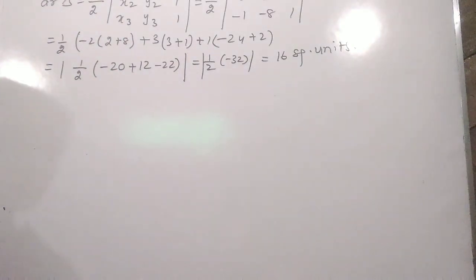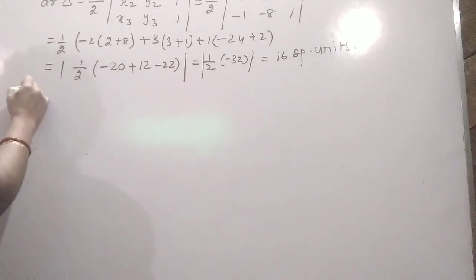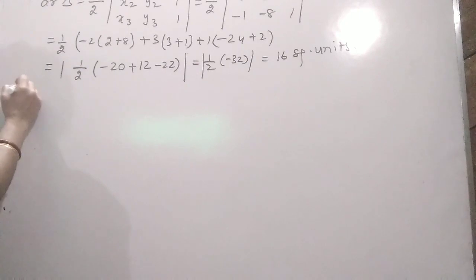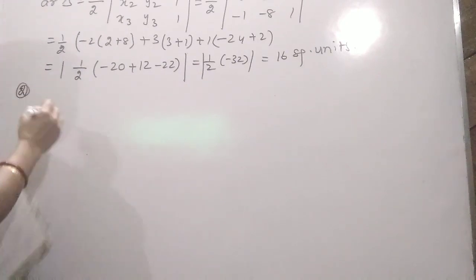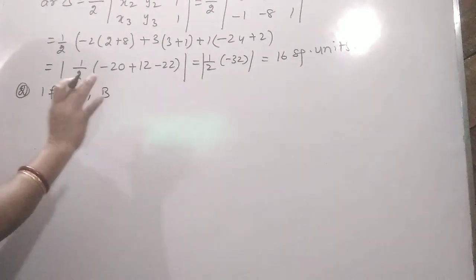The remaining two parts you can do yourself. Now see question number 2. I have done the third part. Question number 2: show that the points are collinear. You can do it as homework, but let me explain.